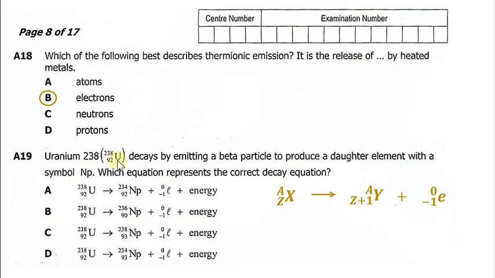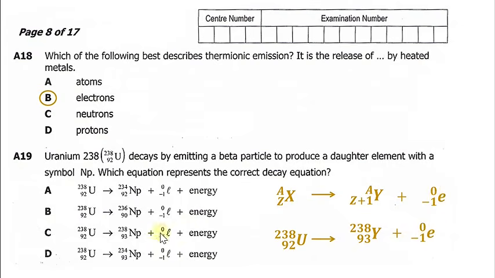So in this case, let's pick this one. We start fixing here. This is 238, 92 there. Then it goes there. Then the daughter, which is Np. Sorry, here I never put Np, I forgot, which is also not a problem. So meaning here we should also put 238. But here we should add the 1 here as we add the 1 here. So to the 92 we add the 1. It becomes 93. Then plus this here. So this is a daughter particle.